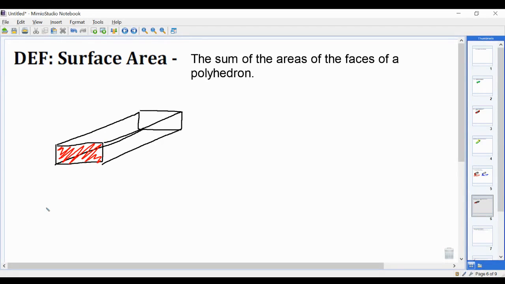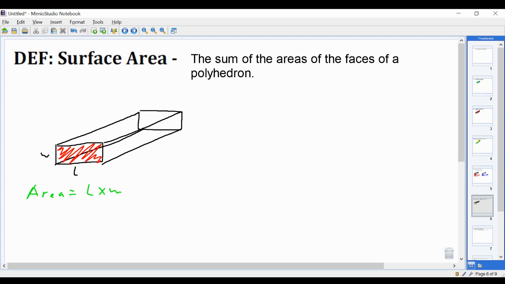And its area is that of a rectangle. So this rectangle has a length and a width. We know from previous units that the area of a rectangle is equal to length times width.